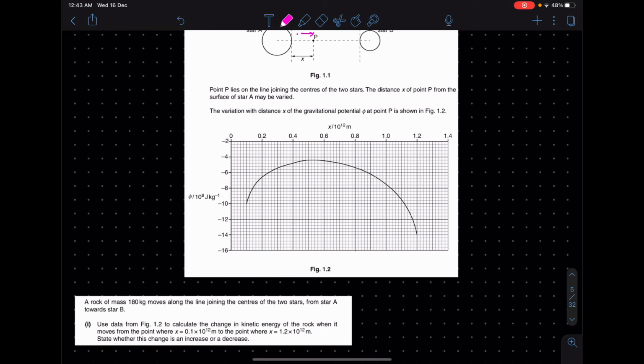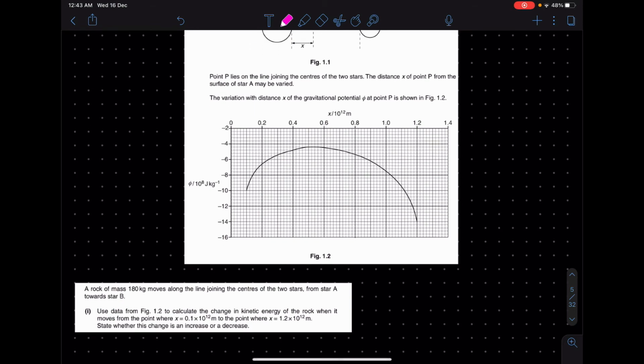Okay, so using the data from the graph, we need to calculate the change in kinetic energy of the rock when it moves from the point 0.1 times 10 to the power of 12 meters to the point where the distance is 1.2 times 10 to the power of 12 meters. And we need to state whether it's an increase or a decrease. Okay, so from 0.1, you can just trace downwards and it will be here.